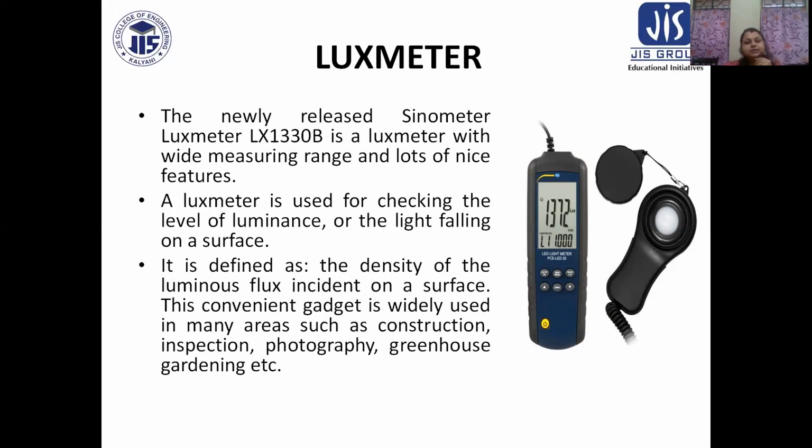A lux meter is used for checking the level of luminance or the light falling on a surface. It is defined as the density of the luminous flux incident on a surface. This convenient gadget is widely used in many areas such as construction, inspection, photography, greenhouse gardening, etc.